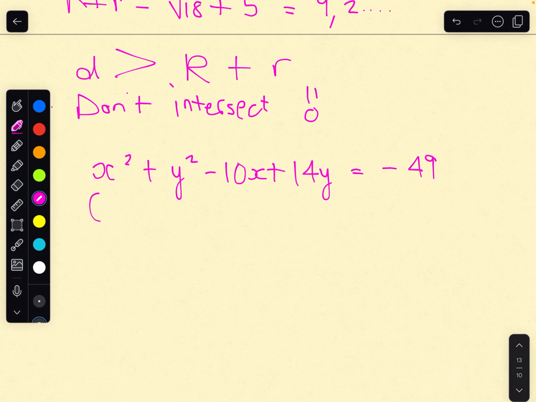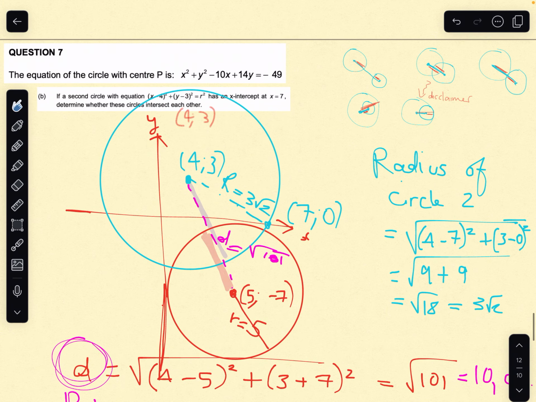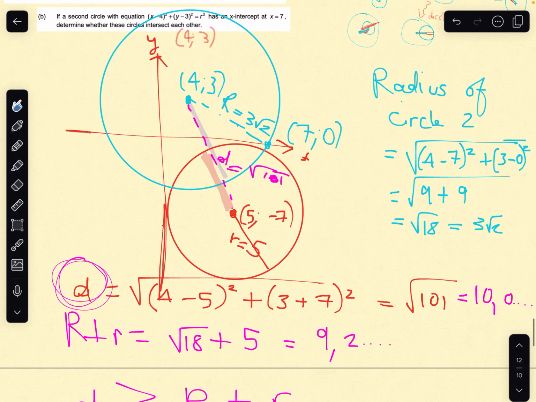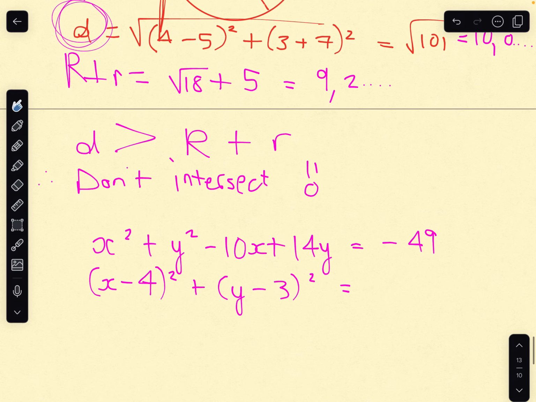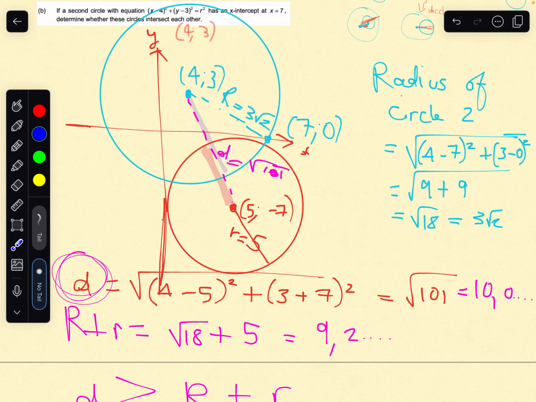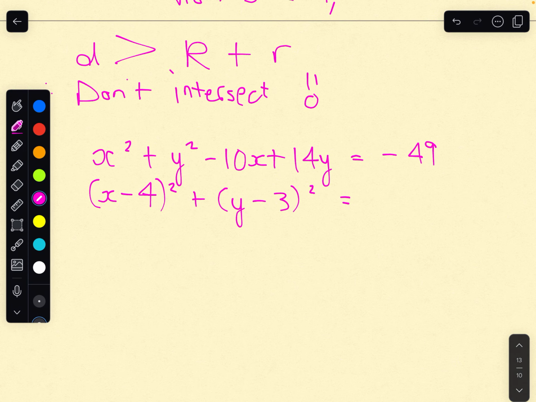And then the second circle is x minus 4 squared plus y minus 3 squared is equal to r squared, which we initially didn't know, but we found out that r is in fact root 18. So r squared would be 18.